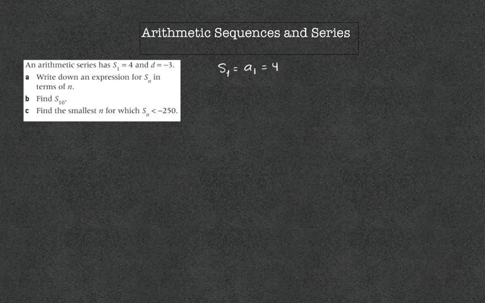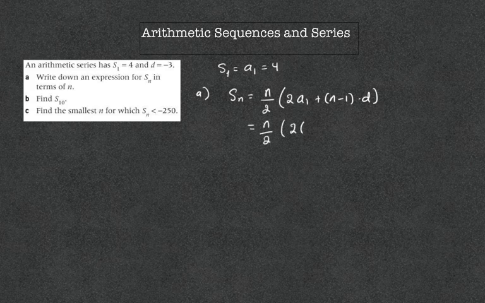Now they want me to write an expression for Sn. I already have a formula for that. n over 2 times A1 plus n minus 1 times the common difference. So I'm just going to substitute A1 with 4 plus n minus 1 times the common difference, which is minus 3.